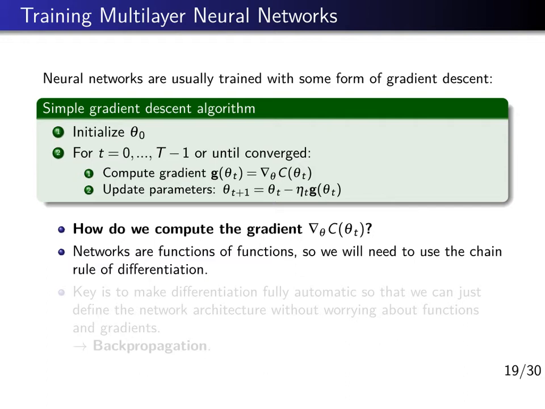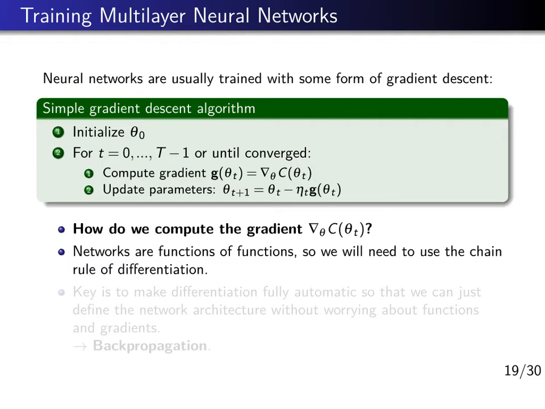But we do not want to work out the functional form of the derivatives every time on paper that we build a neural network. We want this to be completely automated. We essentially just want to define what is the architecture of a neural network. We are willing to define the derivatives of the individual components, the individual functions that are used in the neural network, such as activation functions.